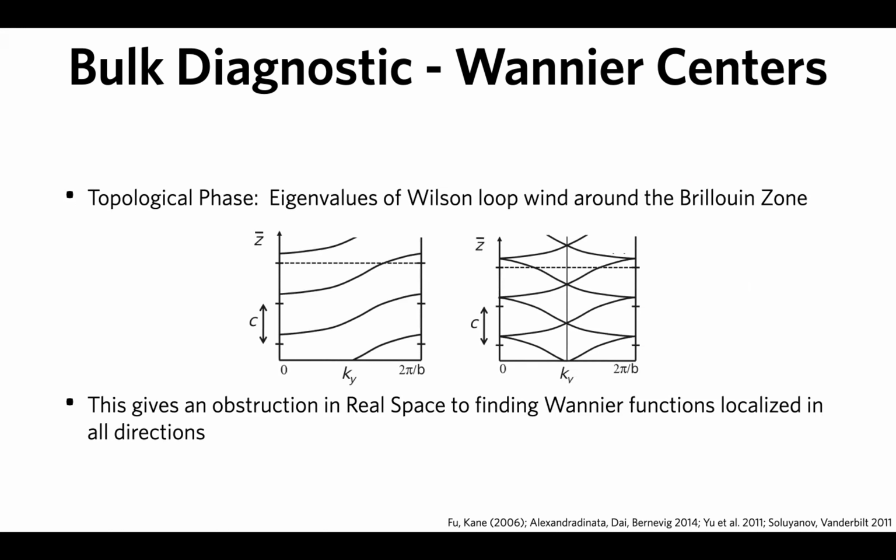If I take ky from 0 to 2 pi, I move by one unit cell. And this movement by one unit cell tells me that this band structure with these hybrid Wannier centers has Chern number 1.